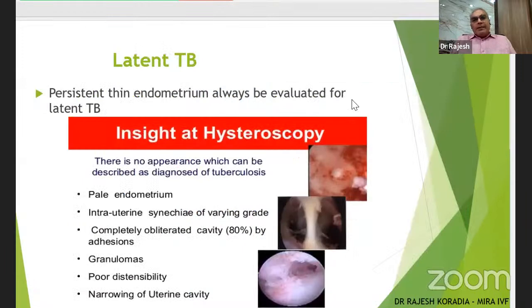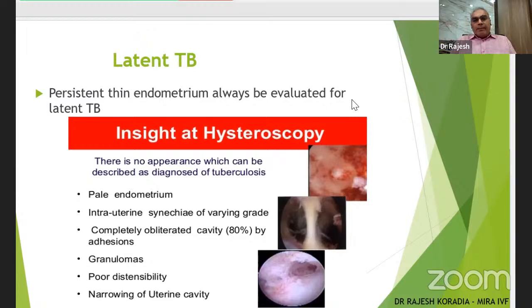When you are doing hysteroscopy, your aim should be to find out any pathology in the endometrium. Latent tuberculosis is very important to rule out, especially when there is a persistent thin endometrium. There is no appearance which can be described as diagnostic of tuberculosis.